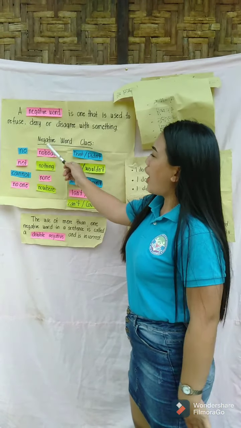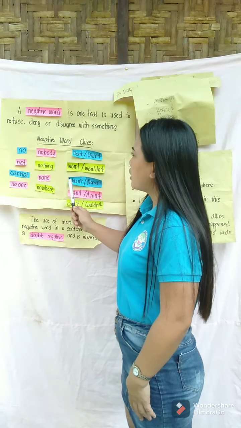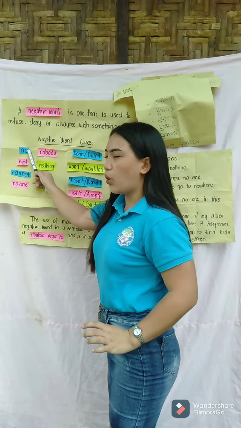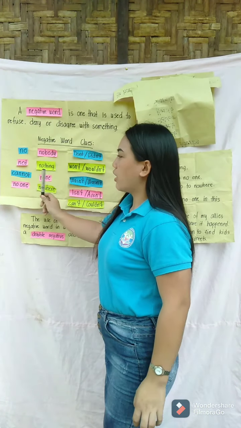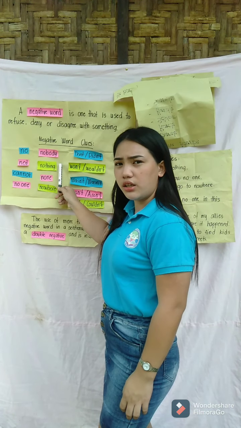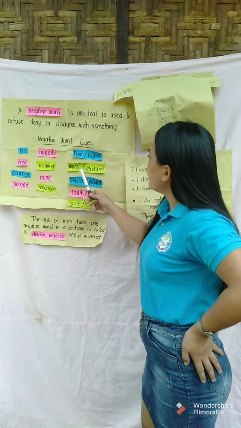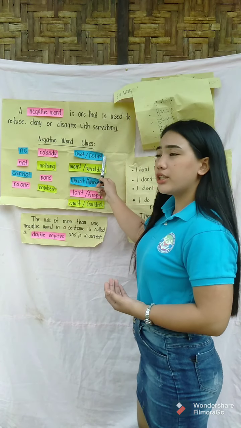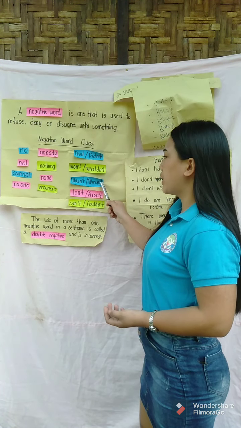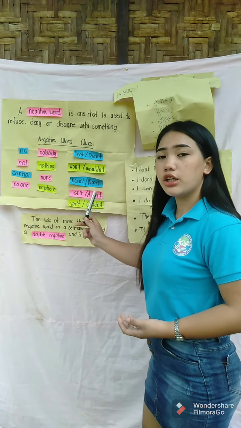So, I have here the negative word clues: no, not, cannot, no one, nobody, nothing, none, nowhere, don't or didn't, won't or wouldn't, wasn't or weren't, isn't or aren't, can't or couldn't.